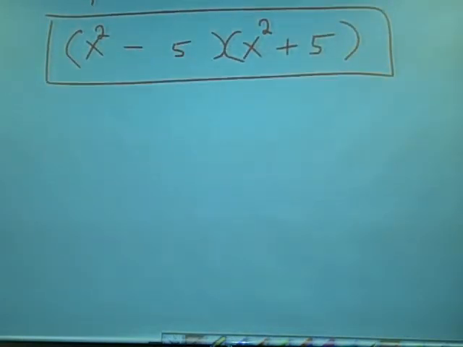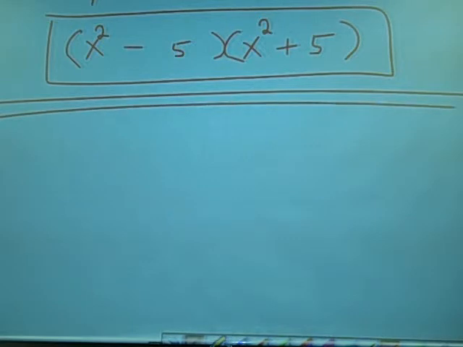Alright, well, what if we have this? What if we have x to the 4th minus 81. Alright, try that.